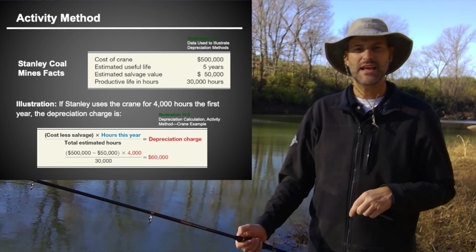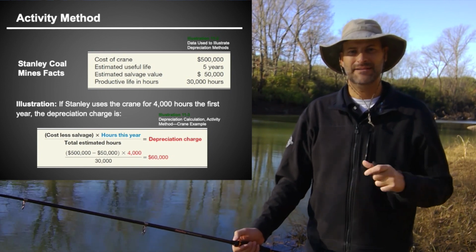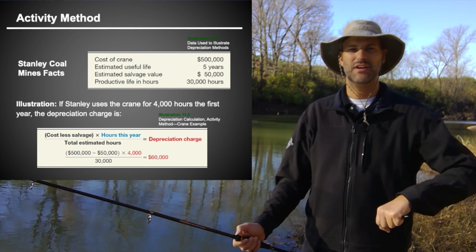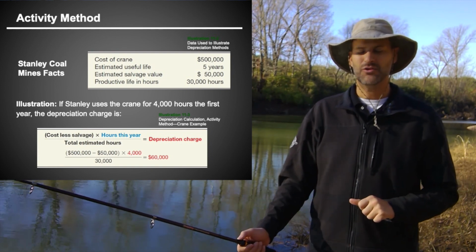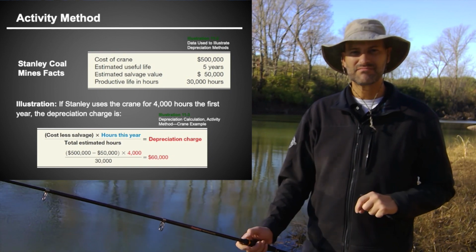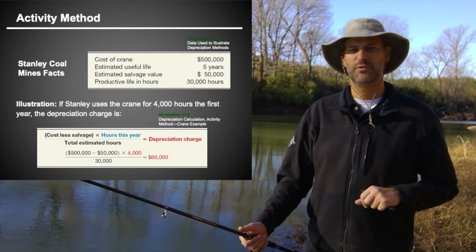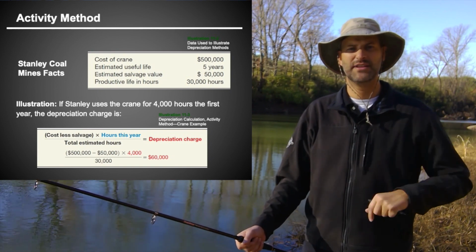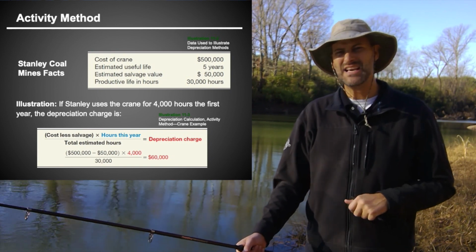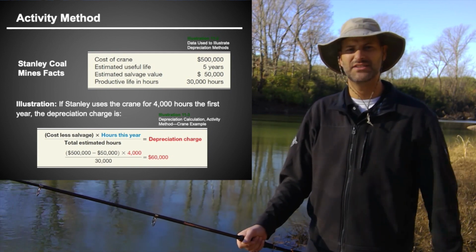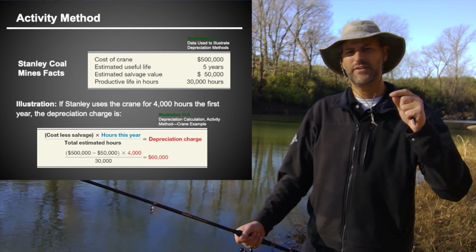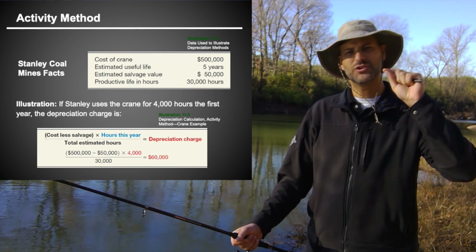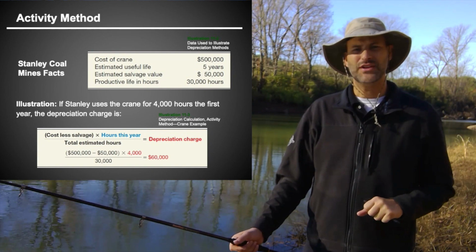So we start with our depreciable base, which is the cost less the salvage value. Our cost of the crane is $500,000. Our salvage value is $50,000. So our depreciable base is $450,000. Now, we're going to multiply $450,000 by the hours used divided by the total hours.